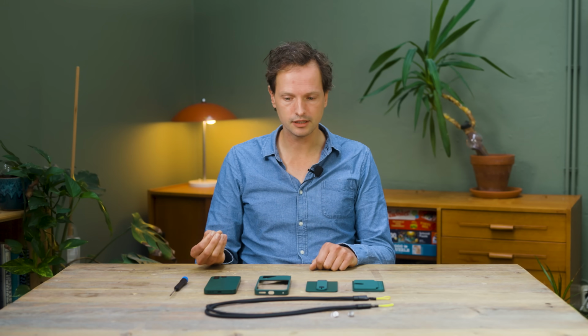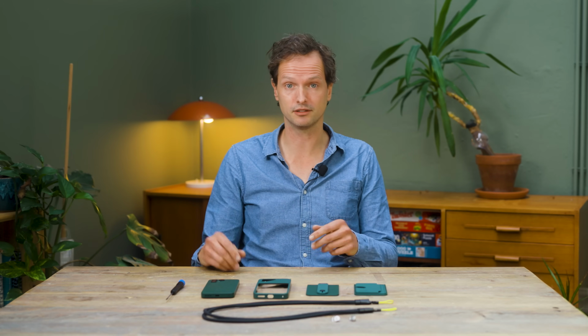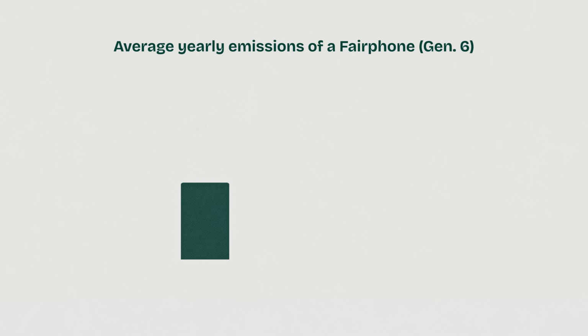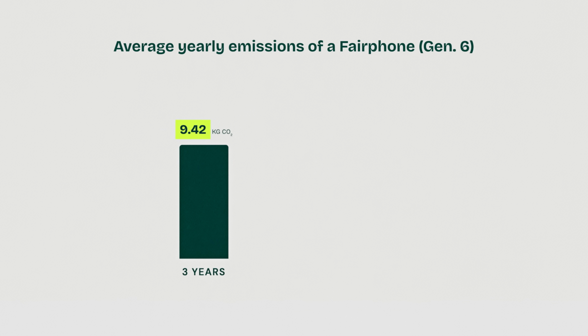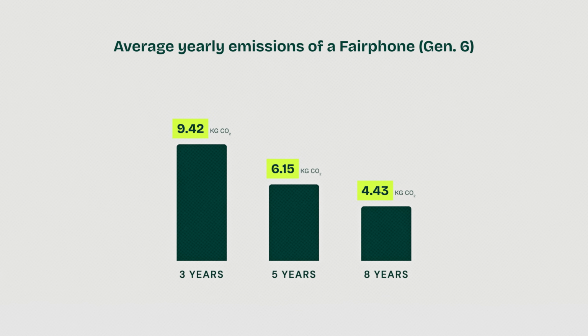So software is really a critical thing as well when it comes to product longevity, and using a product longer is a massive deal when it comes to the environmental impact. By using your phone a few years longer, you're reducing the environmental footprint by a third or by half, depending on how long you use it.